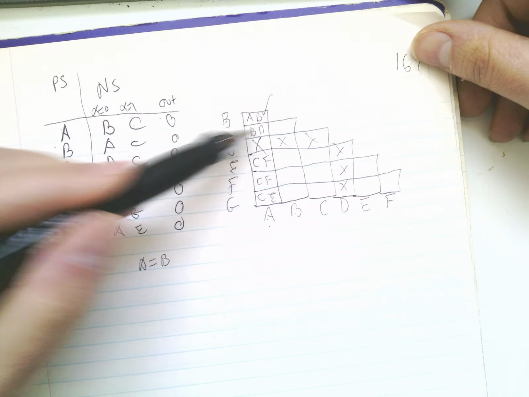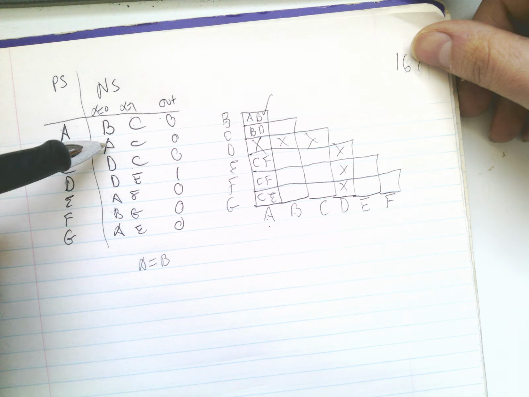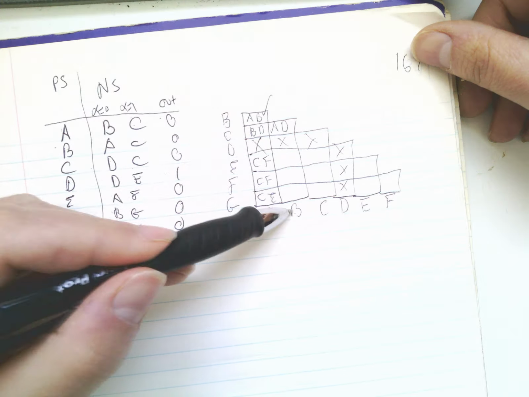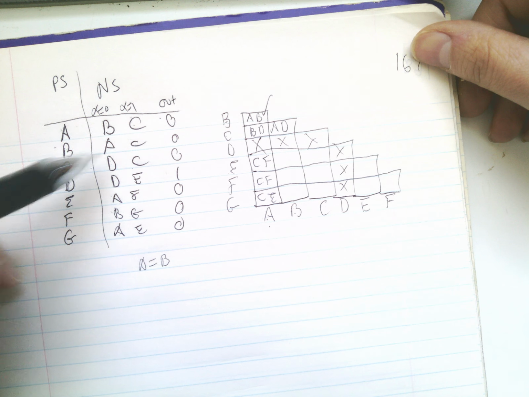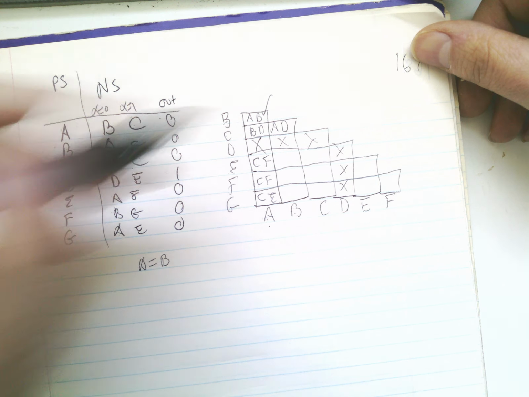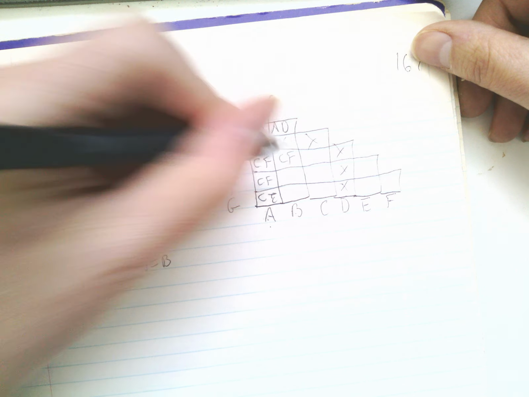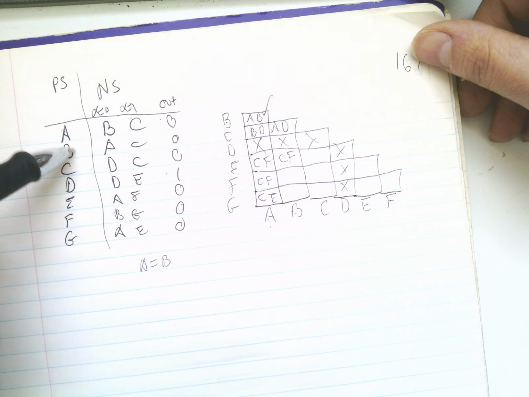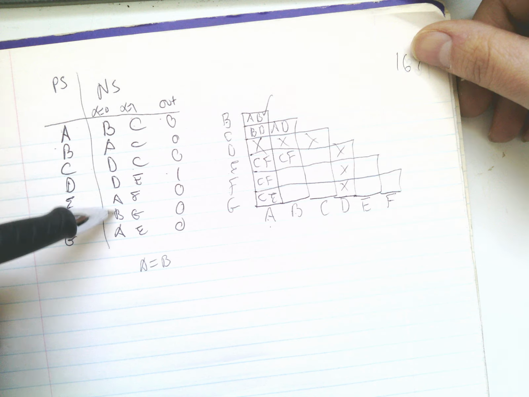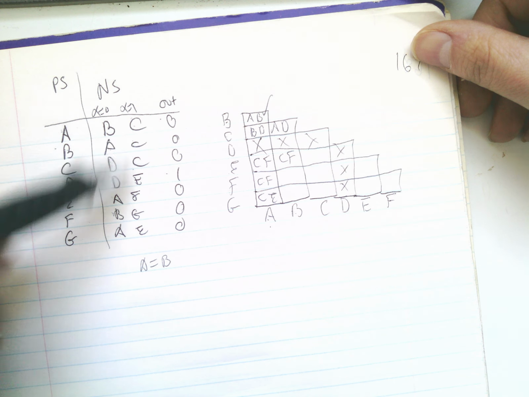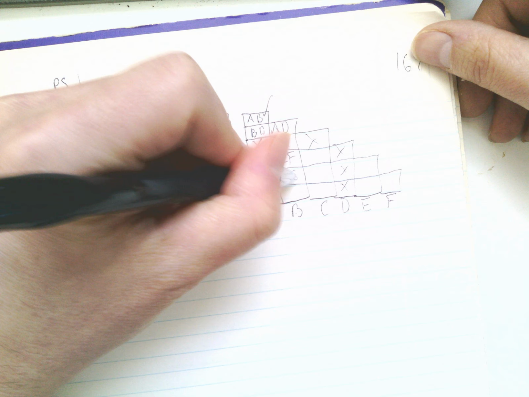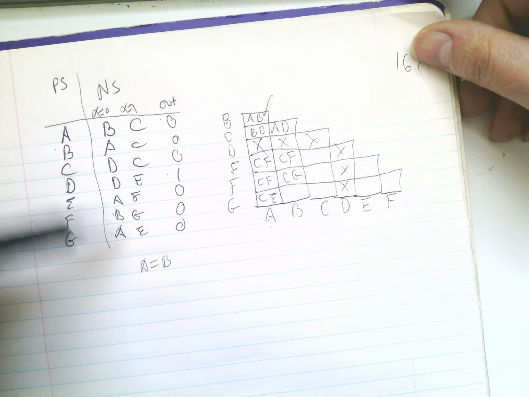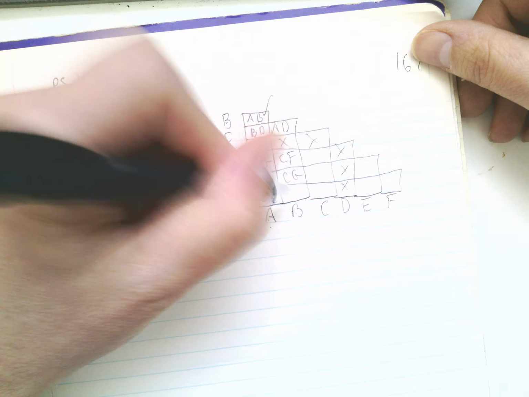Now I have B to C, that's AD, we leave off CC. B to E, that's AA, which we leave off, and then CF. Now we have B to F, and that's AB, which we know is equal, and then CG. Then we have B to G, that's AA, those are equal, and then CE.